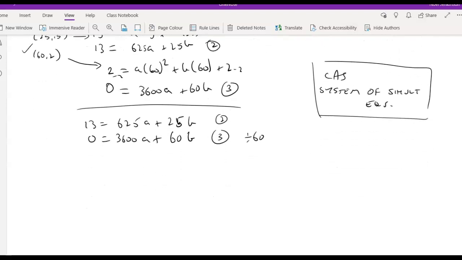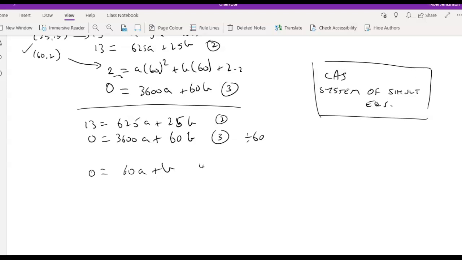If you're going to do it the long way, you divide equation 3 by 60, you'd get naught equals 60a plus b, of course. Yeah, 60 times 60 is 3,600. So 60a plus b.